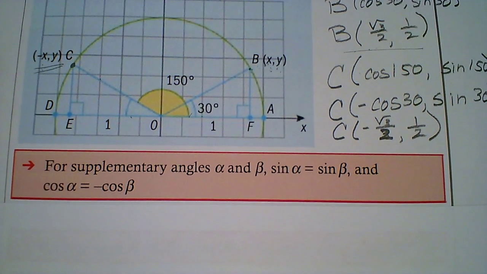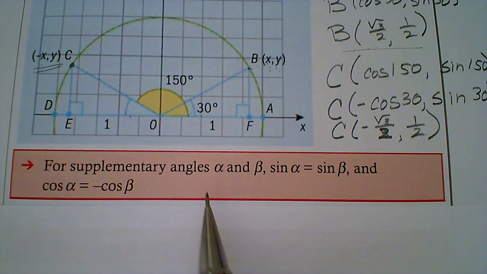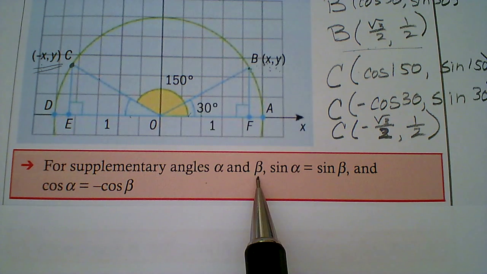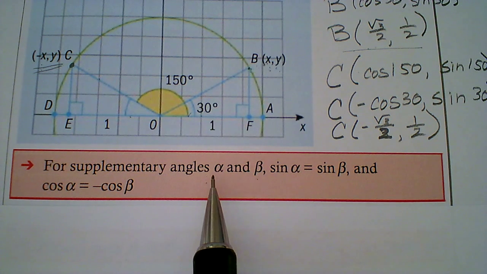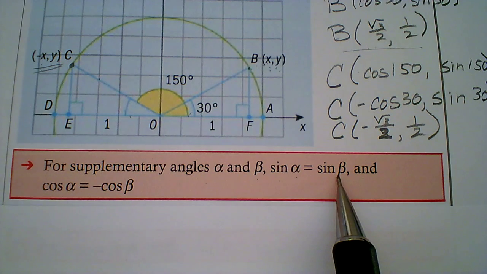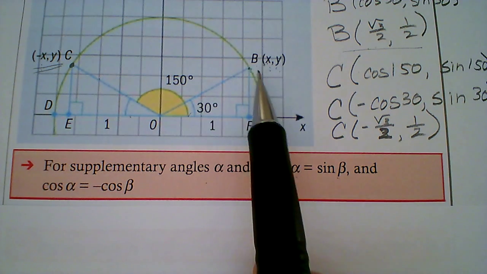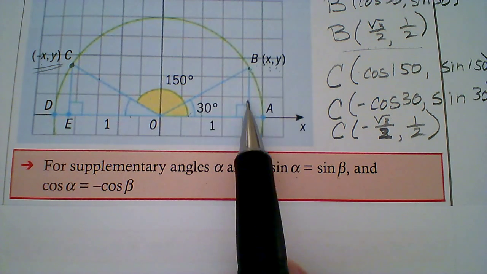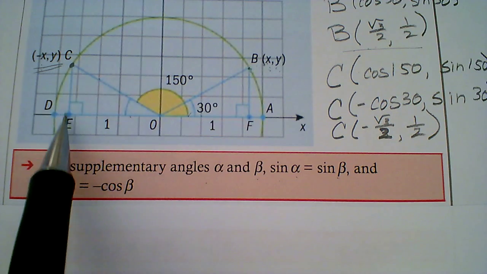For supplementary angles, alpha and beta, they have to be supplementary. The sine of alpha always equals the sine of beta. And we saw that here. This distance, the vertical distance here, is the same as the vertical distance here.